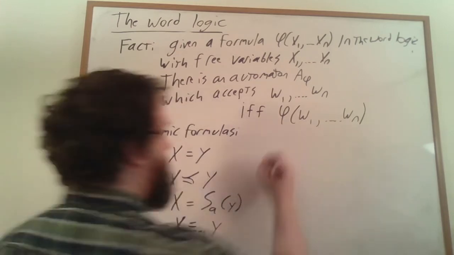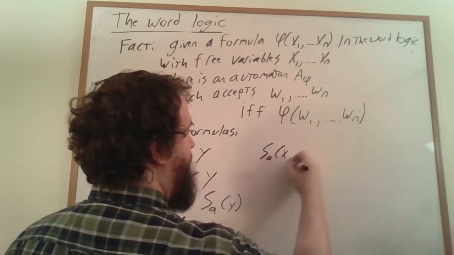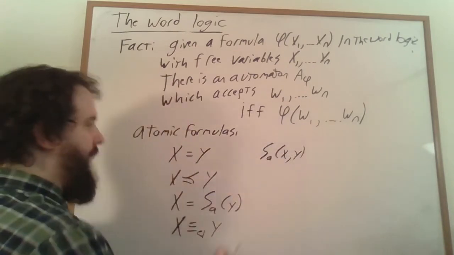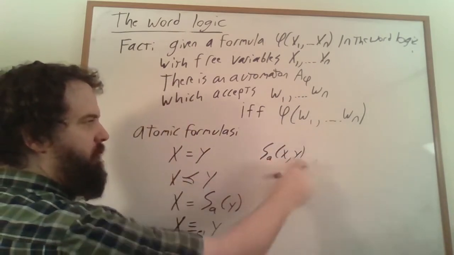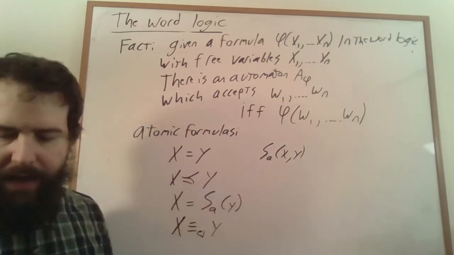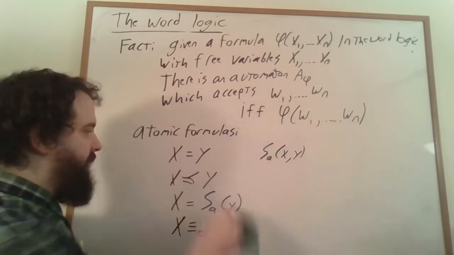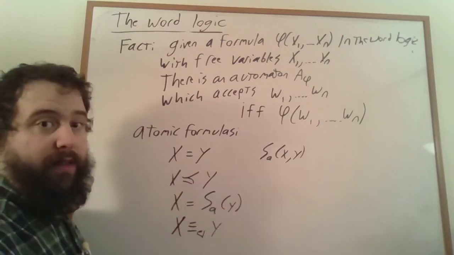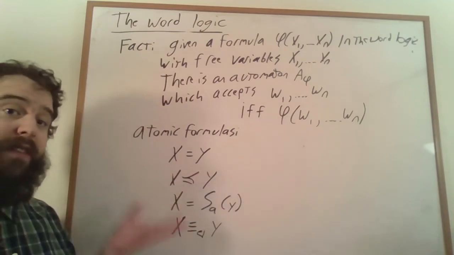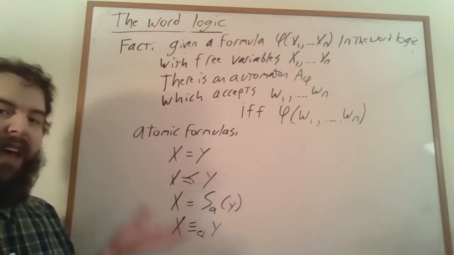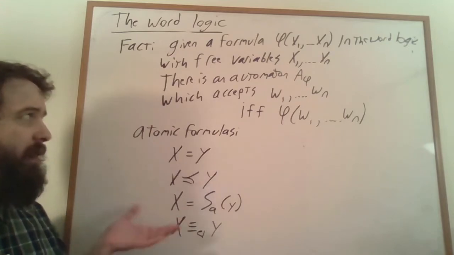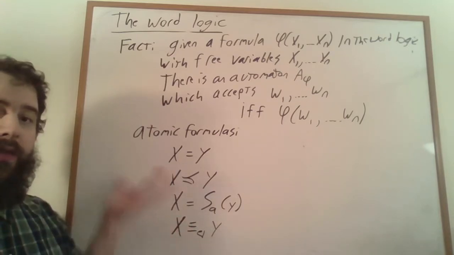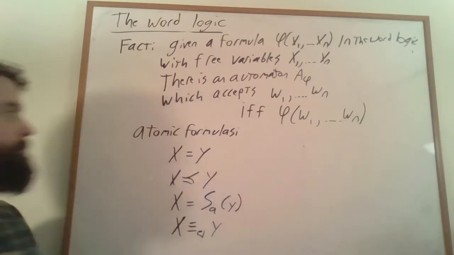We could say something like SAXY to mean that the successor a of y is equal to x, or something like that, instead of having an atomic formula that looks like this. These atomic formulas make up the base case for our theorem, and I'll let you work out what the corresponding automata are for these various formulas.